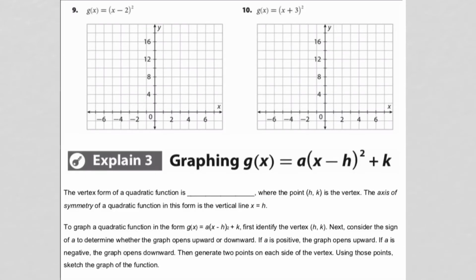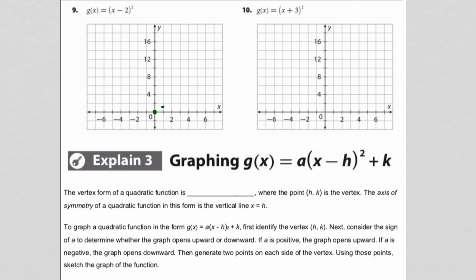So if our parent is right here, and I'm just drawing the parent right now, and it's going by twos, something like this.